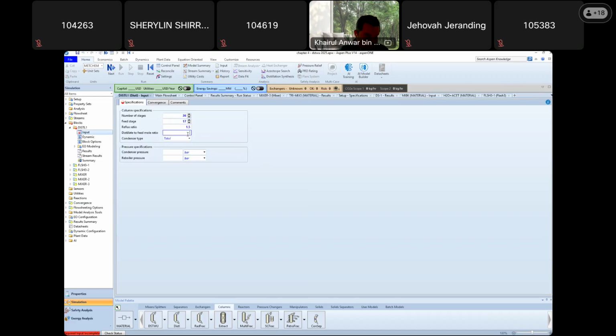This is equal to mole ratio 0.3502. This is 0.8, then 1.2. Reset, then run.